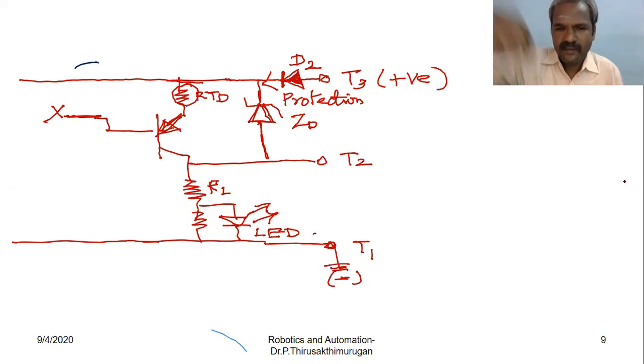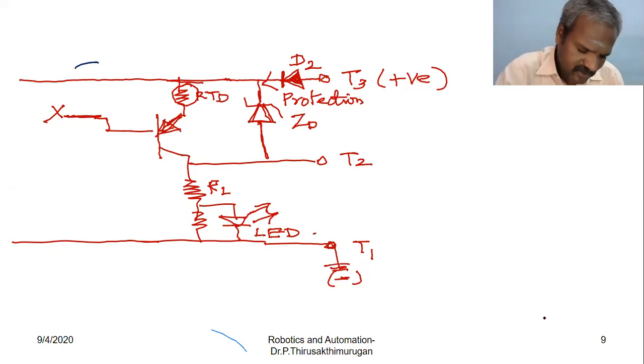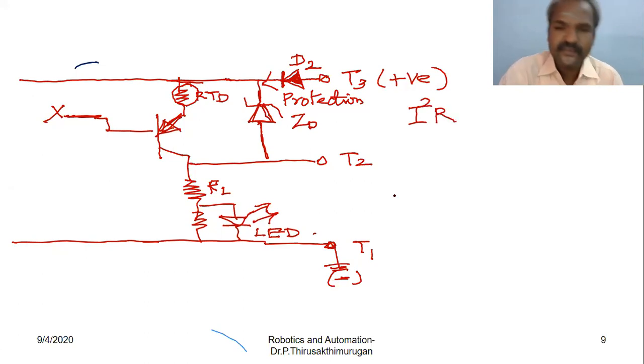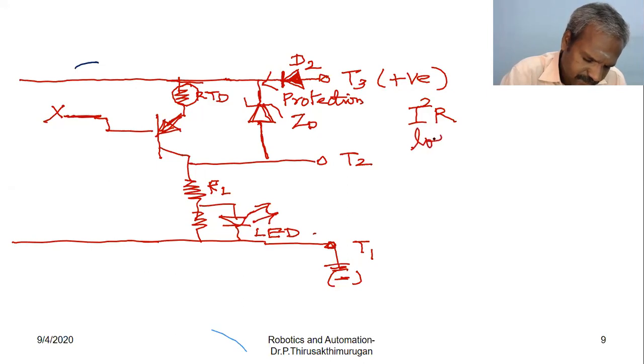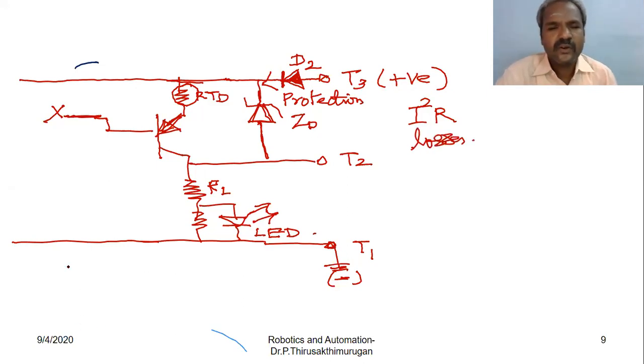When current passes through the RTD, there are I squared R losses, which is self-heating. When very high current passes through the RTD, the resistance increases, so that it protects the device.